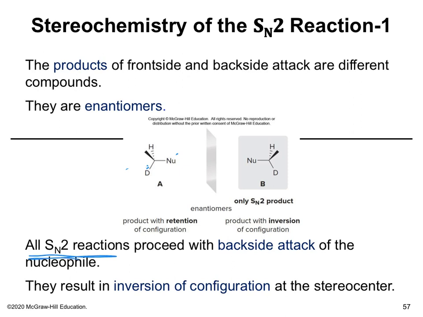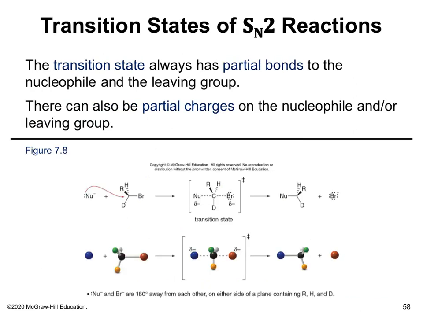SN2 reactions proceed by backside attack of the nucleophile, and you get inversion of stereochemistry at the stereocenter. They're going to be enantiomers. The transition state shows these partial bonds being broken and formed because the nucleophile comes in at the backside.